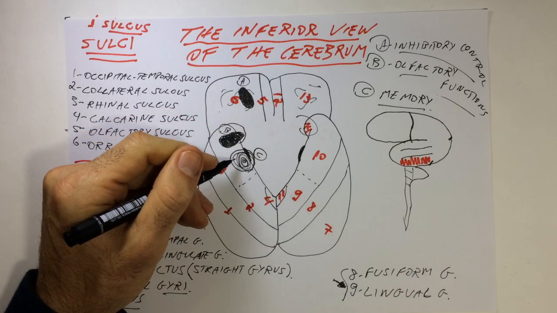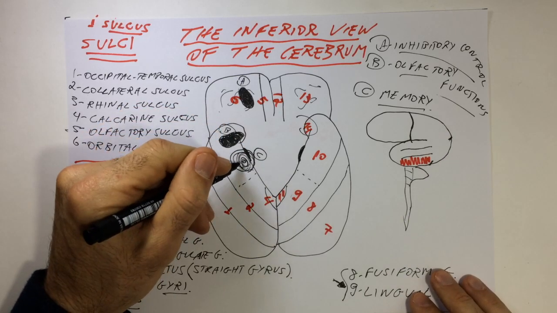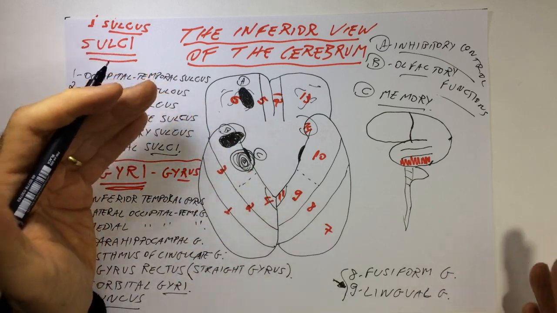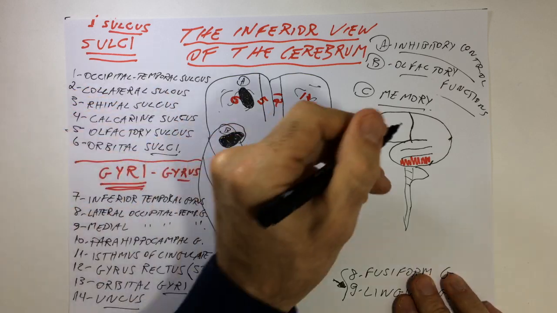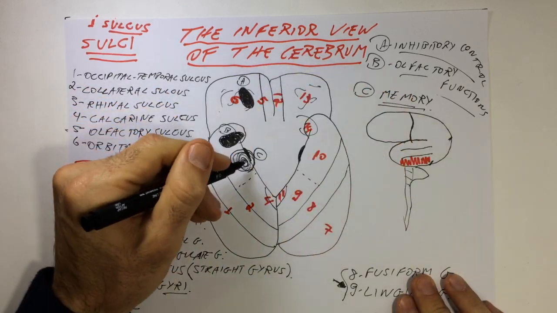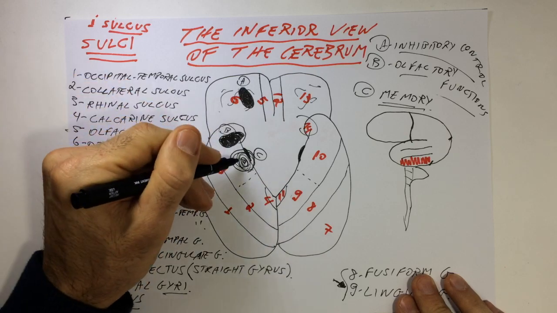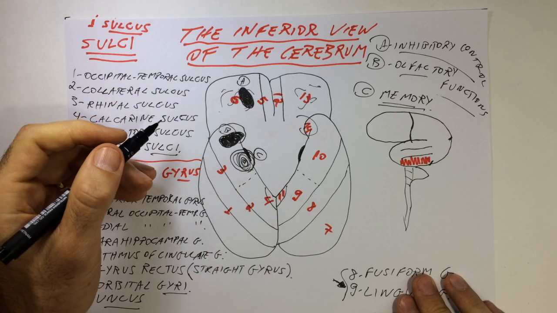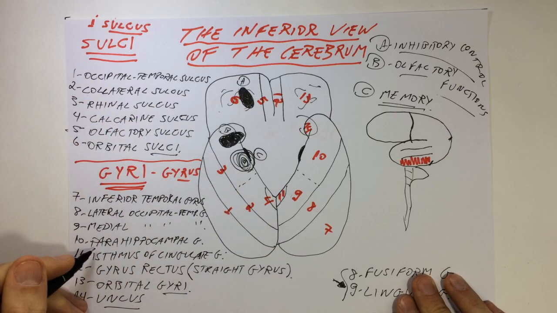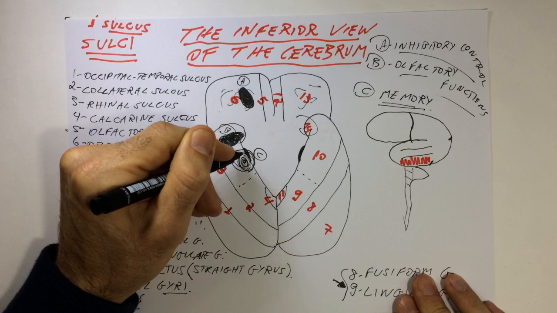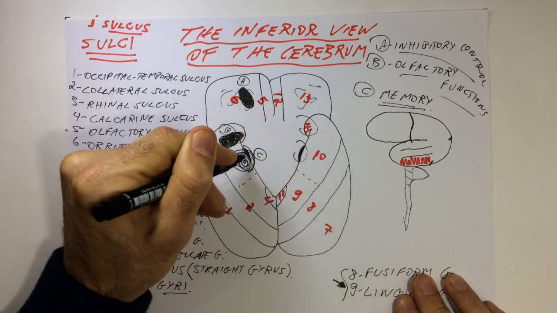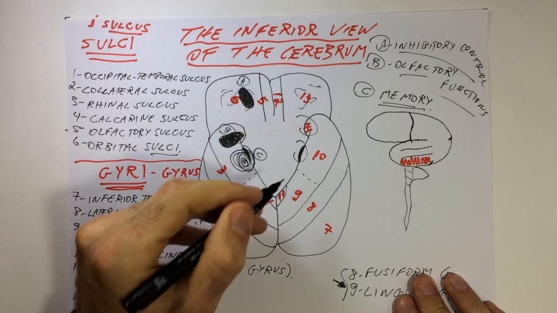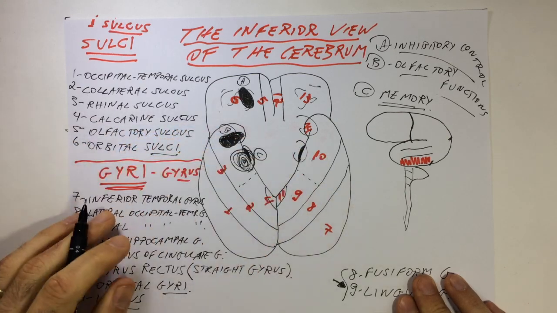So memories that you can declare, that you can talk about. So for example, what I did this morning, what is my name, everything that I actually know how to describe is declarative memory. That is also related to the parahippocampal gyrus and also the hippocampi, both hippocampi and both parahippocampal gyri, here and here.